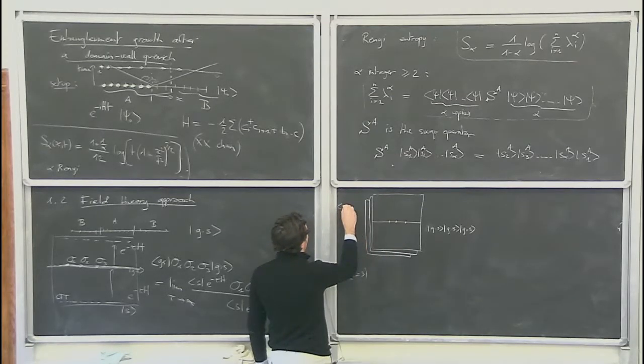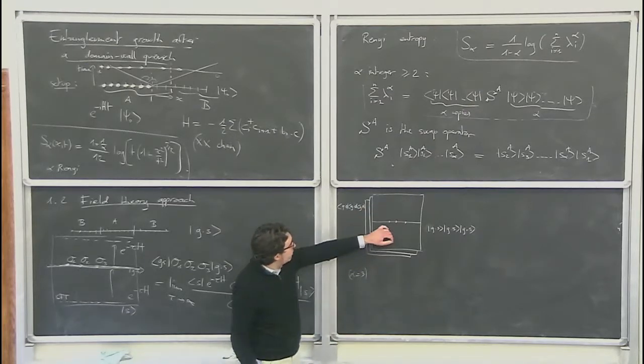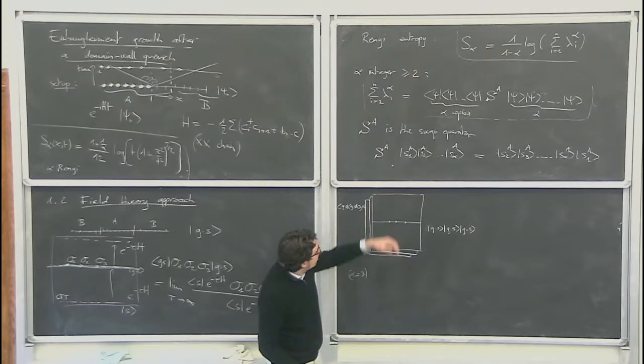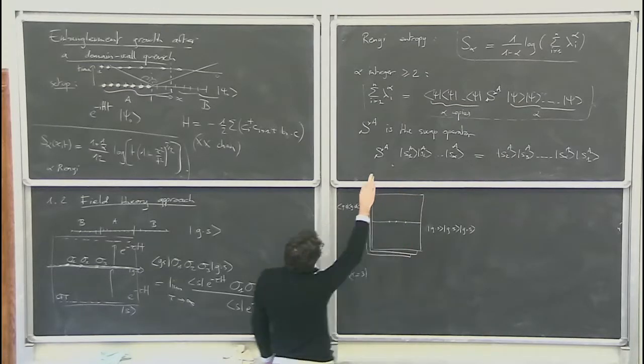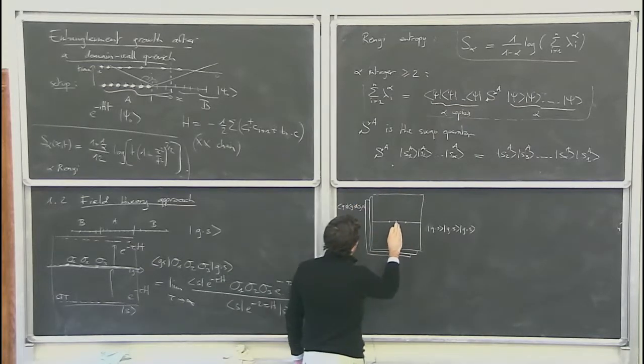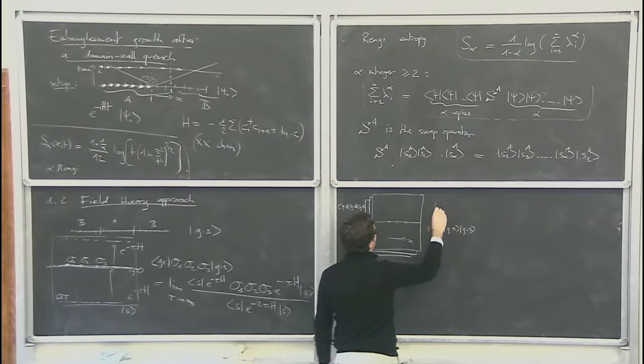Same thing in the other direction here. And so that allows me now to calculate correlation functions in this system with different copies. And what I need to calculate, according to what we discussed here, is the expectation value of the swap operator. So this is direction x, this is imaginary time.